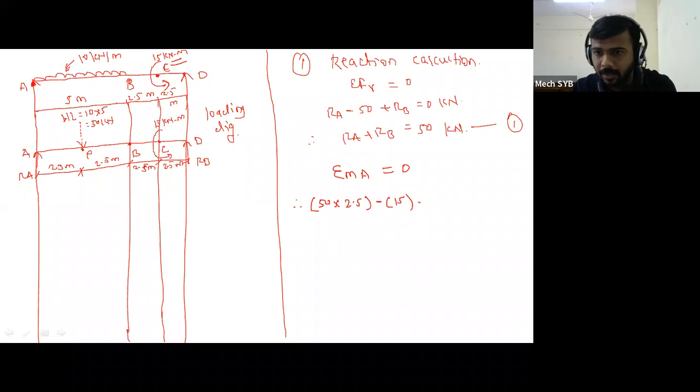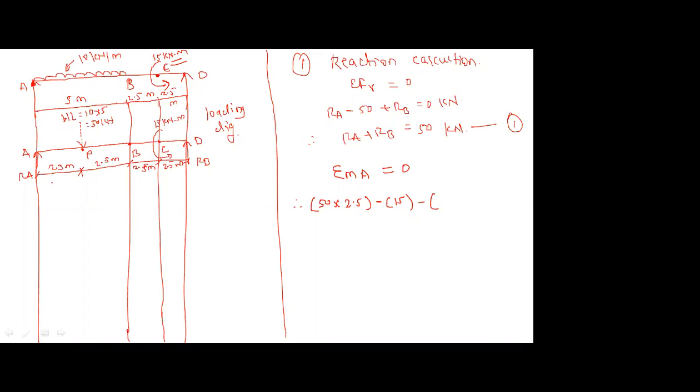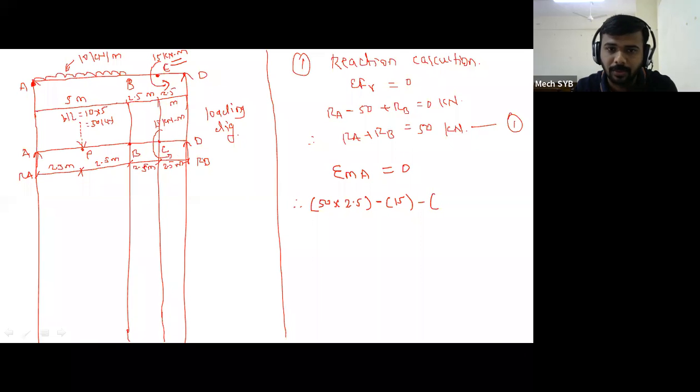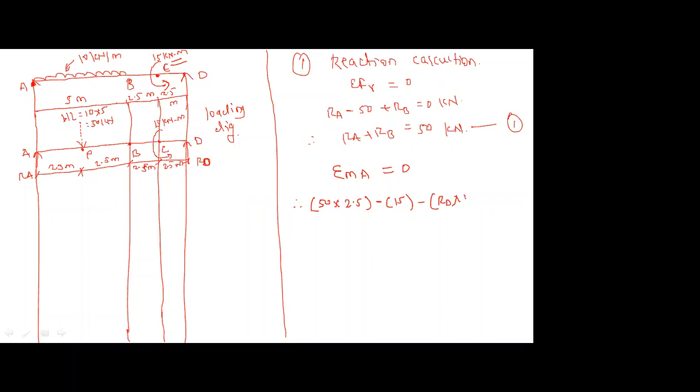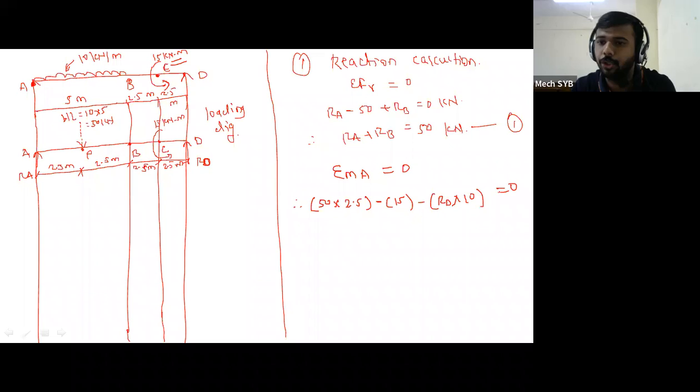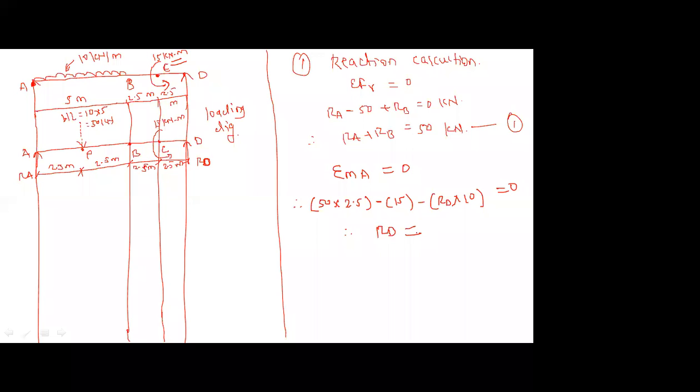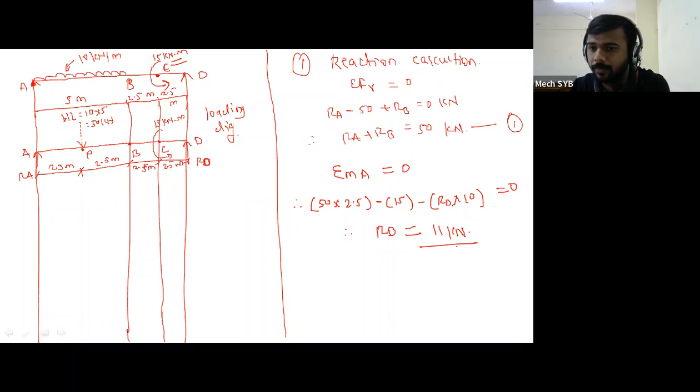Minus 15, minus, what is the next force? Not RB, it is point D now. RD into the distance between A and D, 10, is equal to 0. Tell me the RD value. What is the value of RD? 11 kilonewton.